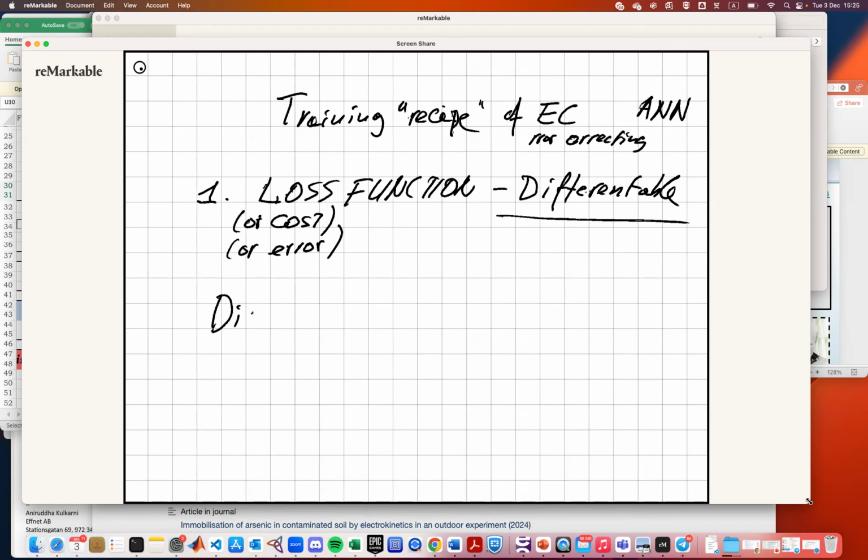Again, we will not go back to the basics, but the only thing that is relevant here is that derivatives are measures of sensitivity of a function to change in a particular variable.